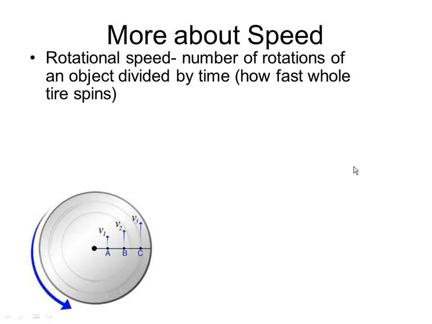So, more about speed. We've talked about tangential and translational. Now let's get rotational in there. Too many speeds, right. Rotational speed is the number of rotations of an object divided by the time. That means how fast the whole object spins, whether it's a tire, a merry-go-round, a flying saucer, or a pizza.